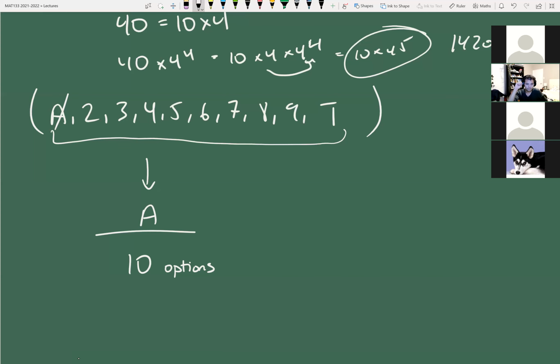So what do you mean if the professor is not counted? Is the professor not counted in what? The professor's totally counted. Well, in this option, we're not using the MAT133 deck, right? We're using our standard deck.